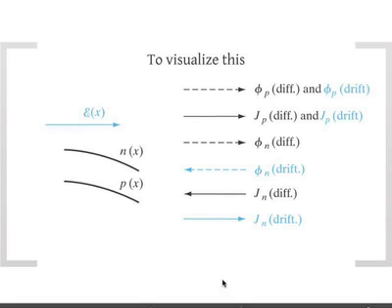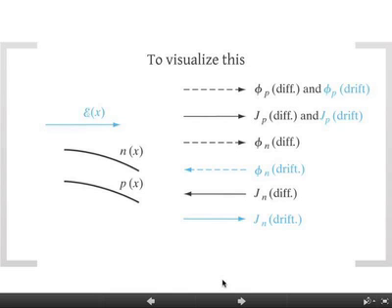Okay? You have to add all the currents up to get the final current. So let's look at what the directions of the current are. The diffusion current for the holes is here. The drift current for the holes is here. The diffusion current for the electrons is here. The drift current for the electrons is here.